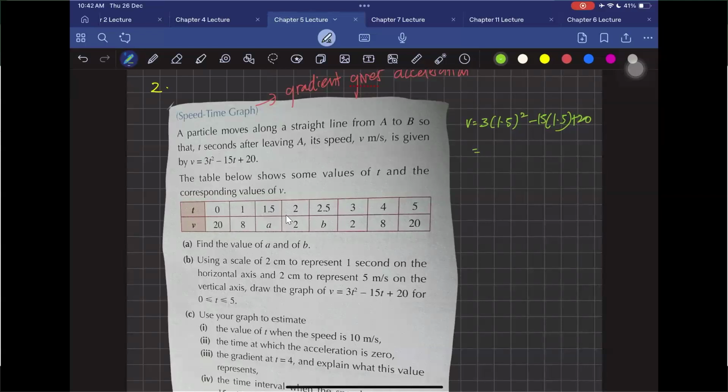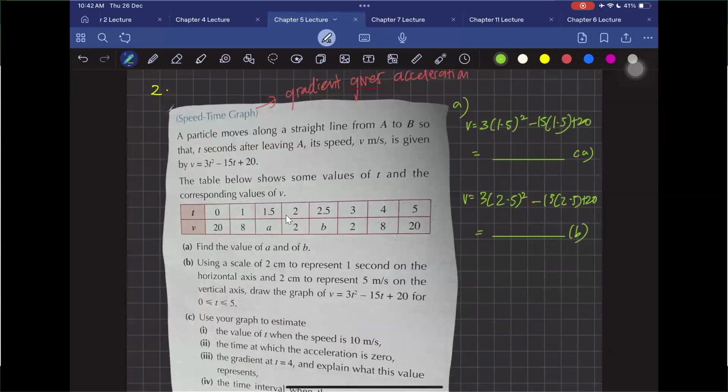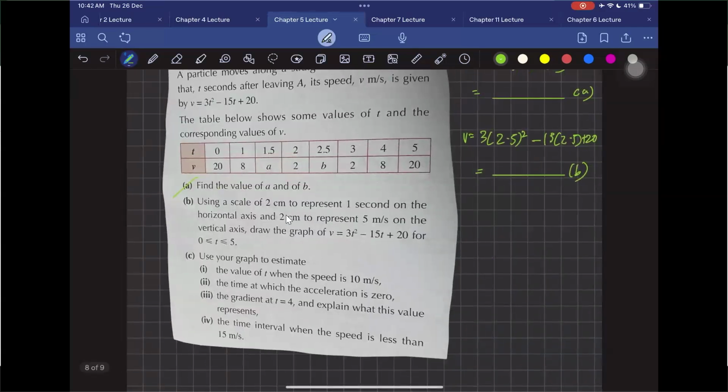Just plug it into your calculator and you get the answer for a. Then again, just plug it in and you will get your answer for b. So this is your part a. Part a should be a giveaway, so do not lose your marks in part a.